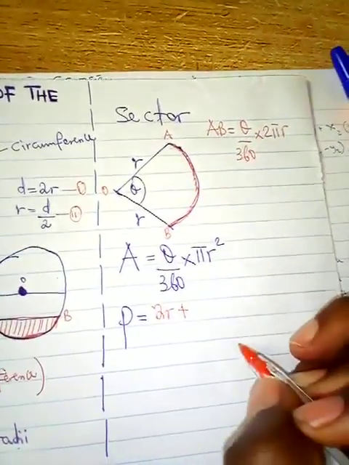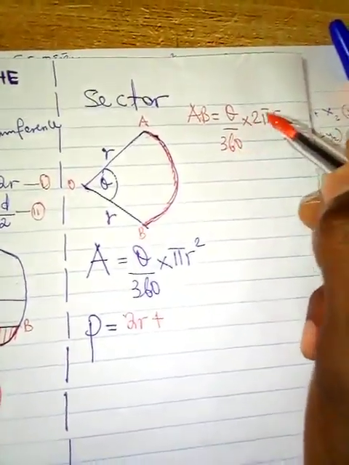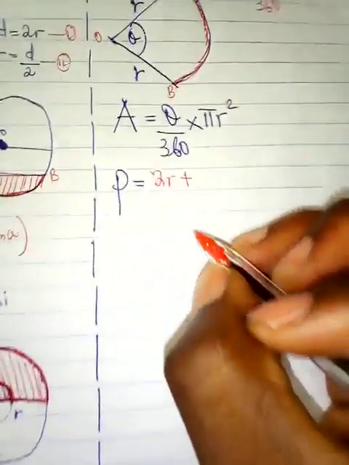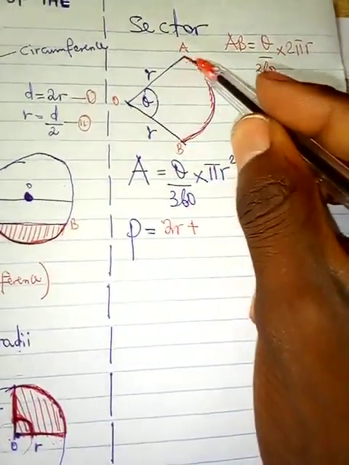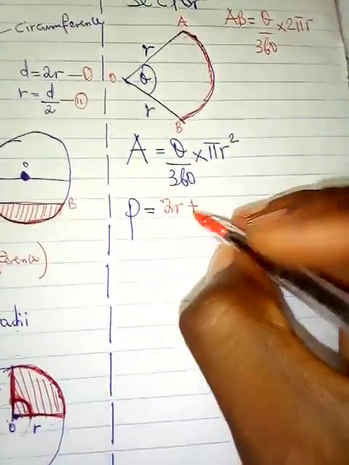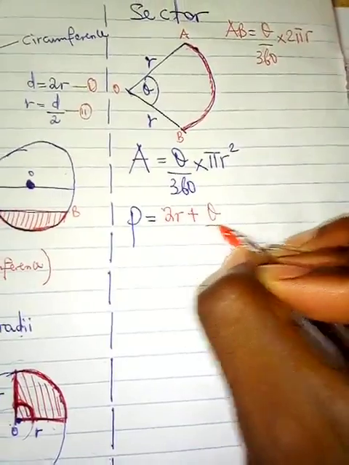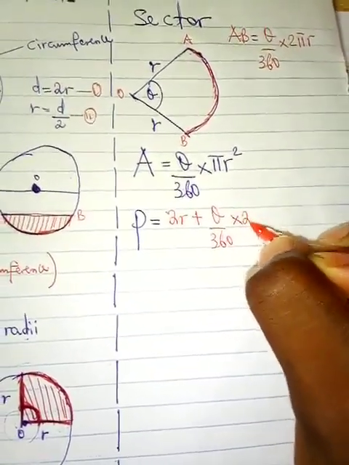That's going to be the arc length formula. So the perimeter is 2r plus theta over 360 times 2 pi r.